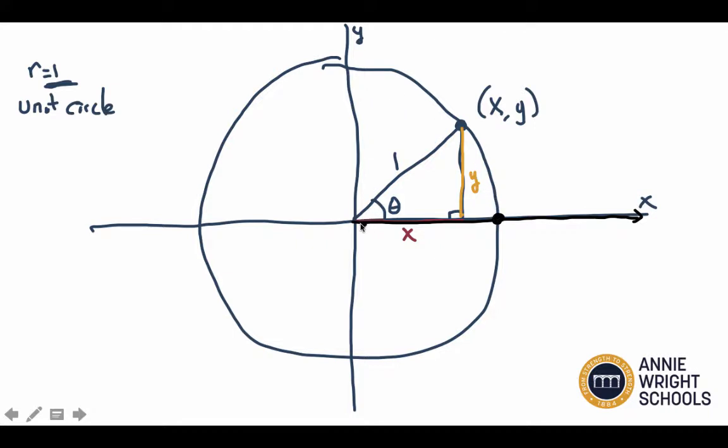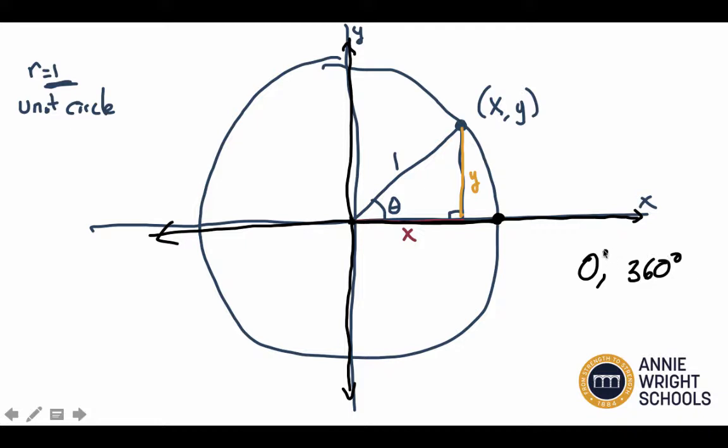And an angle of 90 degrees ends here, and an angle of 180 degrees ends here, and an angle of 270 degrees ends here, and an angle of 360 wraps all the way around once and lands back here. And you can have any angle measure between 0 and 360, and it will land somewhere on this circle. 120 lands up here.